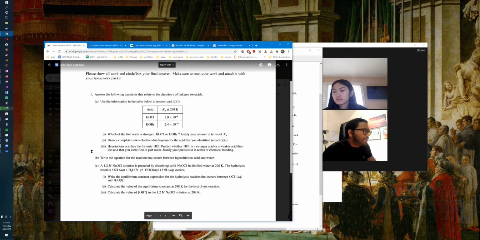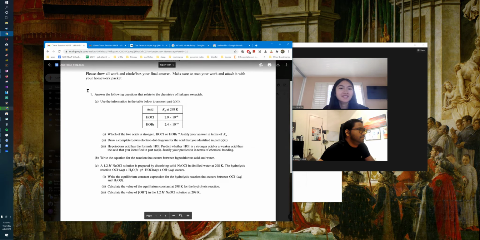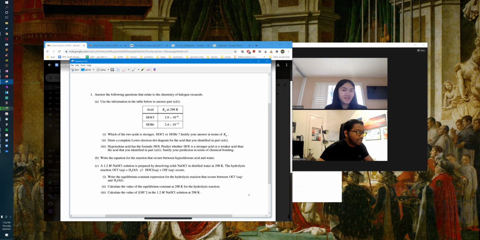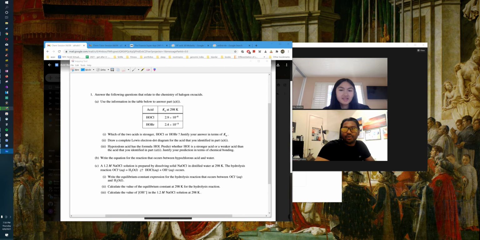Use the following information in the table to answer part A1, I guess. Which of the two acids is stronger? Okay, I might have to look at it. So, what does Ka represent?